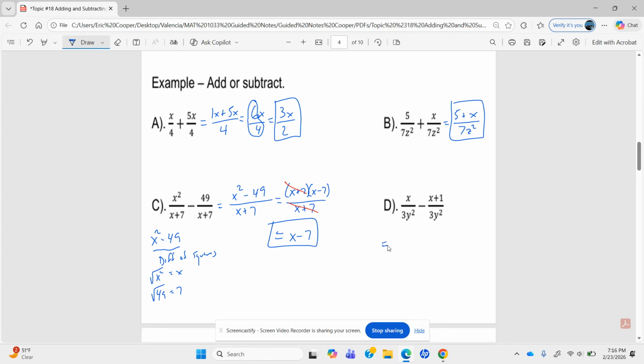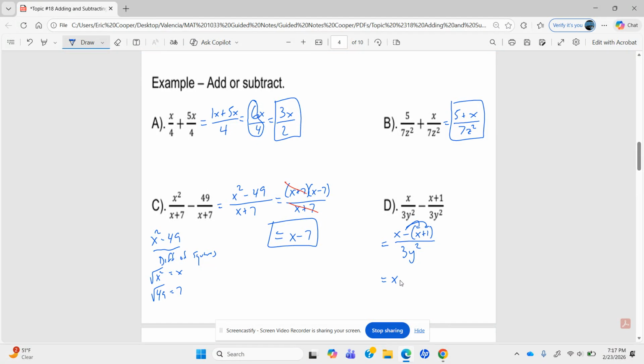For letter D, again, we have a common denominator of 3y squared. So I'm going to do x minus the entire quantity of x plus 1. So notice I'm going to write this as x minus the entire second fraction. So I will put this all in parentheses because I want to subtract both parts from it. I'll distribute the negative because, again, we're going to subtract both parts.